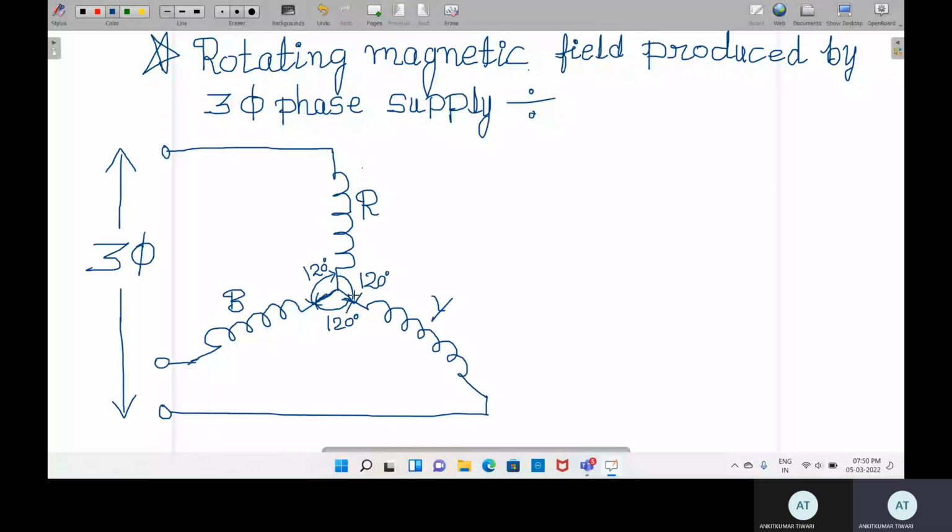So observe, all coils R, Y, and B are placed 120 degrees apart.